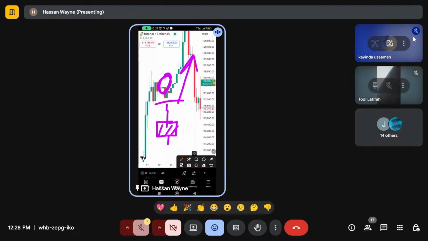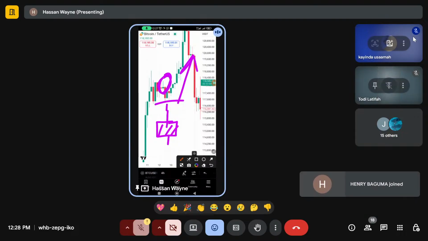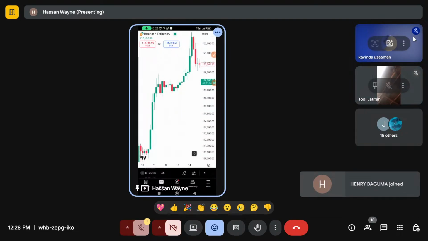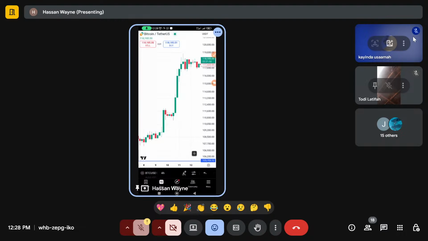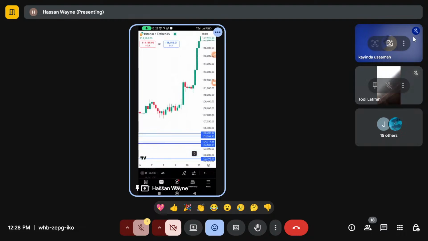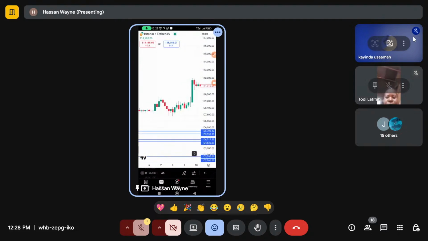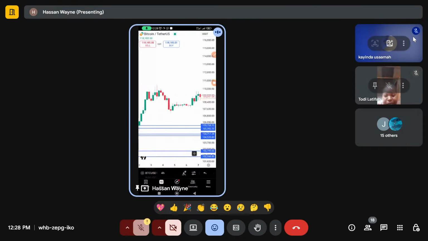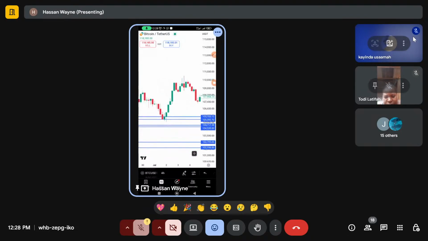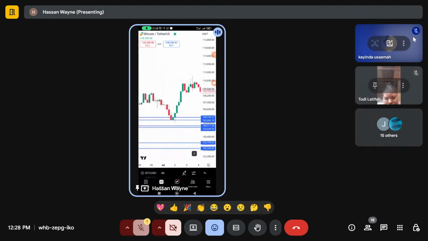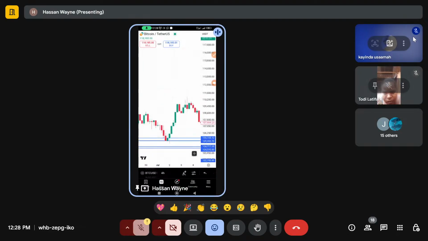All right. So let us look for another inverted hammer. Inverted hammer or shooting star. And by the way, before that, the two things, they go together.